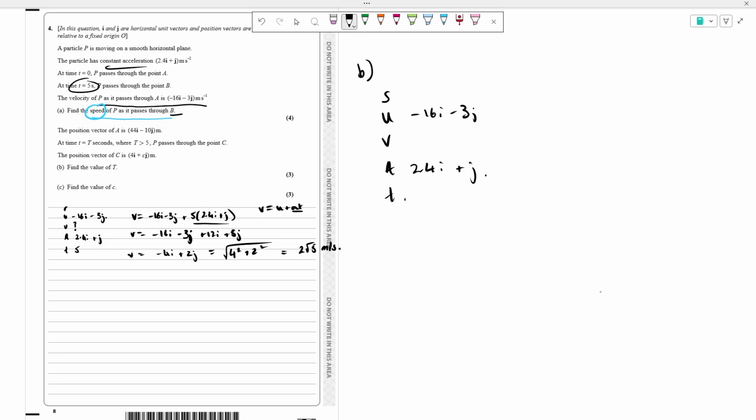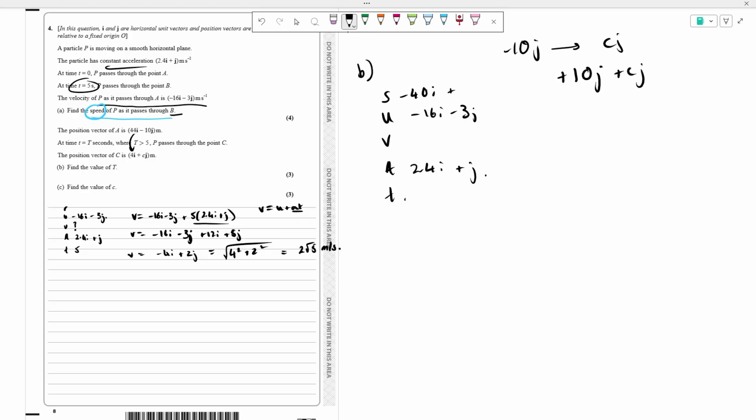And we're trying to work out when does it reach 4i plus cj, or rather, because it's displacement, we should think about what has happened from 44i to get to here. Okay, well, the i component, you've traveled minus 40i. Okay, we've gone down. And then what do we do from minus 10j to get to cj? Well, we can add 10j, and we can also add cj.